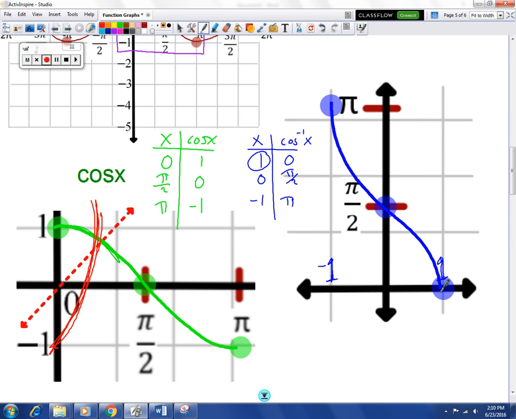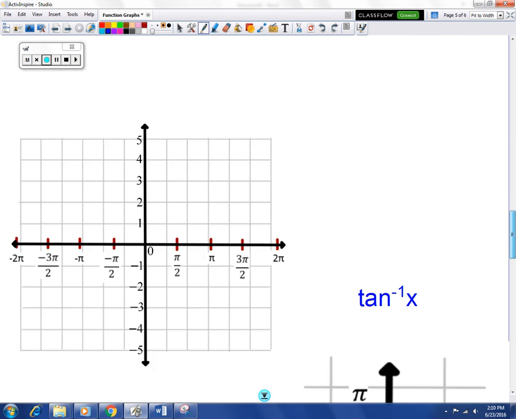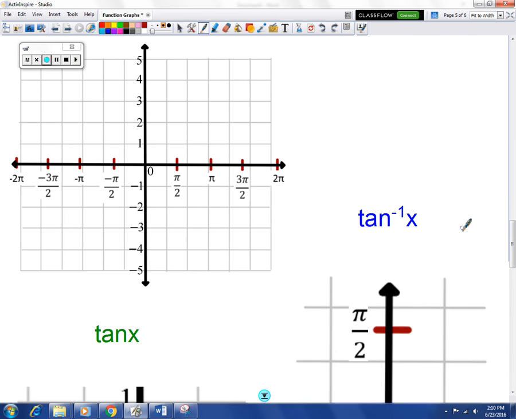Okay, so let's go to inverse tangent. Finish up with the inverse tangent. This is another restricted domain, just like sine. The restricted domain is from negative pi over 2 to positive pi over 2.